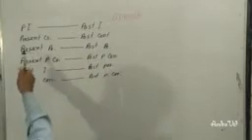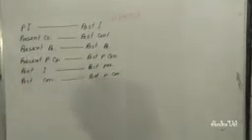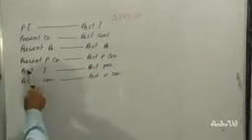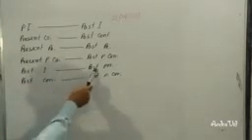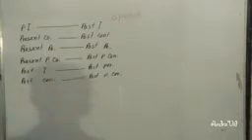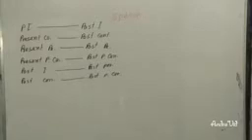If you have present perfect tense, you will have to write past perfect tense. If you have present perfect continuous tense, you will have to change into past perfect continuous tense. If you have past indefinite, then you will have to write past perfect tense. If you have past continuous tense, you will have to write past perfect continuous tense. Dear students, if you know these tenses, it will be easy for you to change direct speech into indirect and indirect to direct.